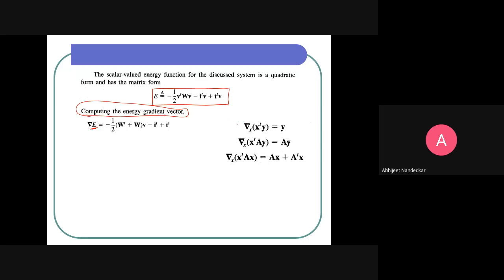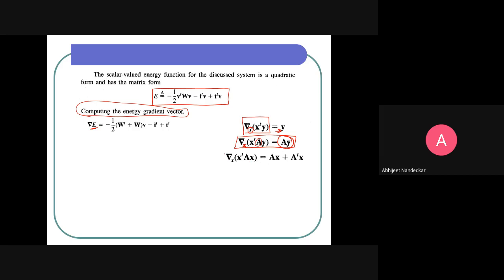So you can see a small step here. So the gradient of x transpose y with respect to x is equal to y. When I take the gradient of x transpose Ay, A is a matrix, x and y are two vectors. So when I take the gradient with respect to x here, I get Ay. Okay.